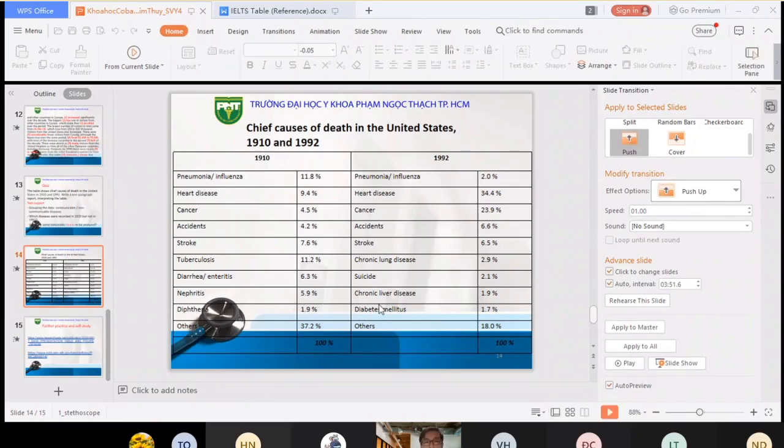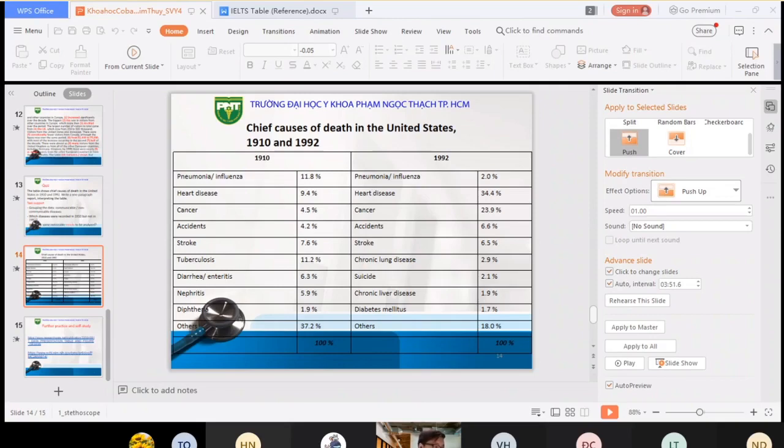Okay, so let's have a look at this table. As usual, we are going to analyze this table a little bit. Okay, so here in this table you can see 2 years are illustrated here, 1910, 1992, and you know that you have to use past simple to describe this table, right?